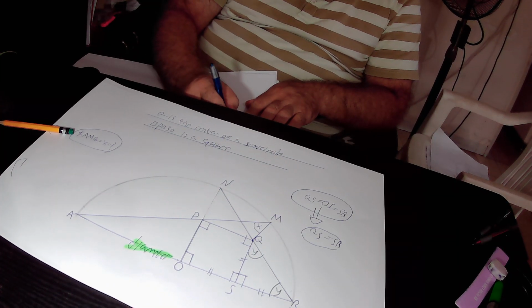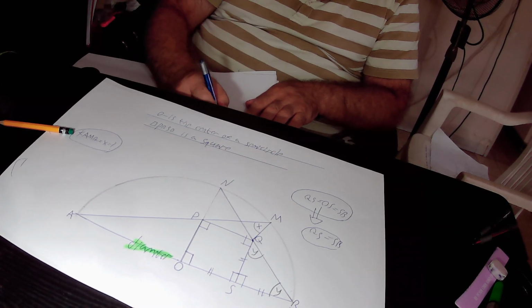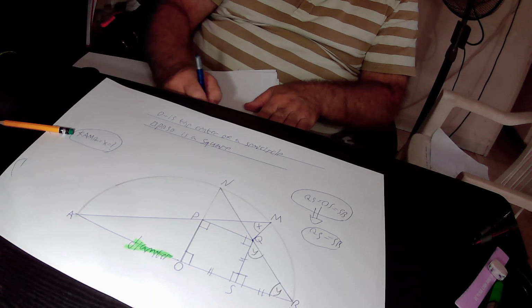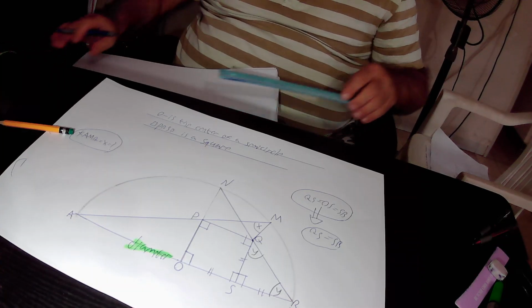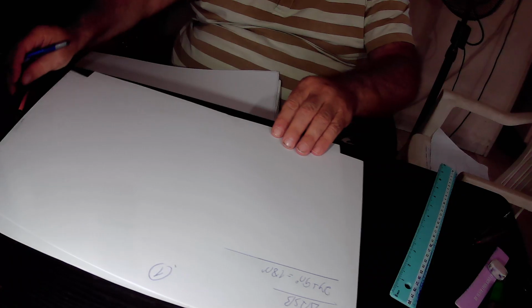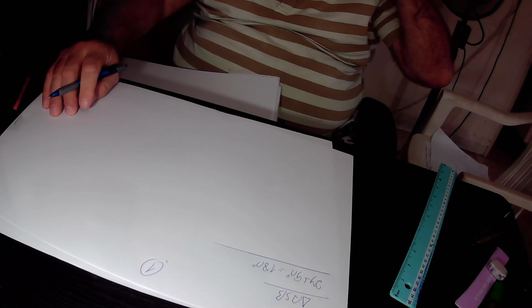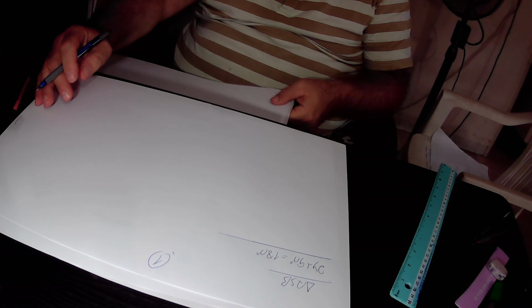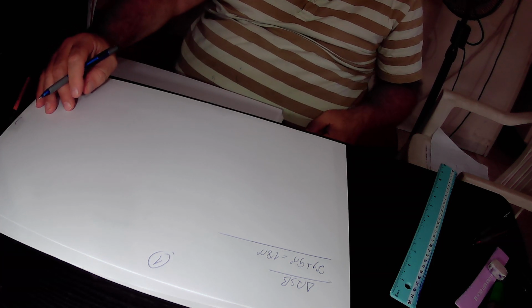In total, the sum of those three angles must be equal to 180 degrees. To repeat again, 2y plus 90 degrees must be equal to 180 degrees, according to the rule that the sum of the angles in a triangle is equal to 180 degrees.